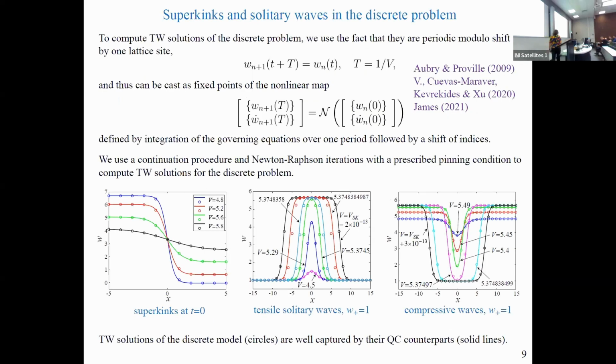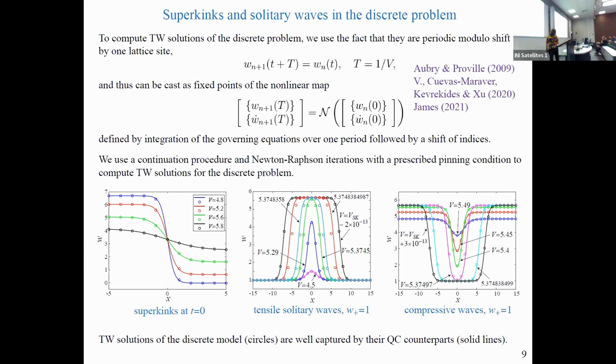So far I've just talked about the quasicontinuum model. So what happens in the discrete case? Well, for the discrete model, we can actually use the fact that this is a Toda-like lattice, so there must be a periodic modular shift. We assume here that the velocity is positive, and we define this period as 1 over p, and then we have this relation.